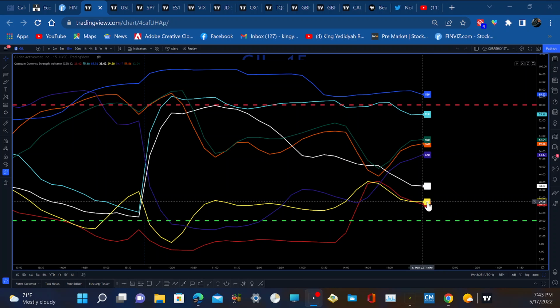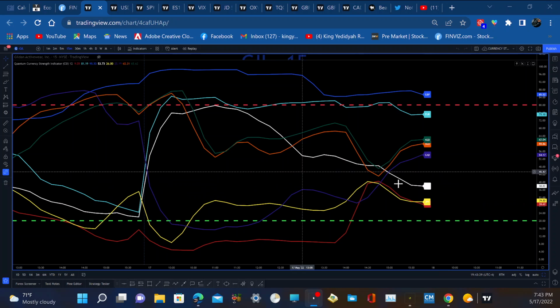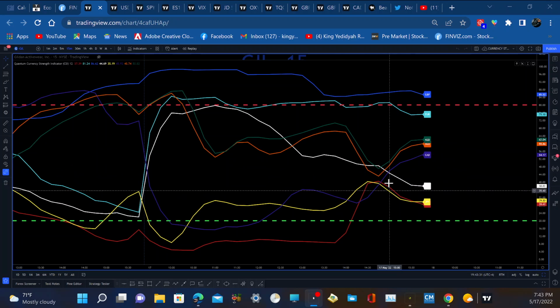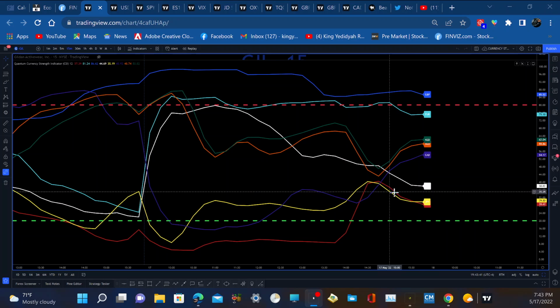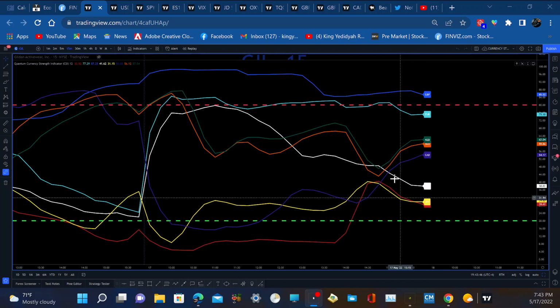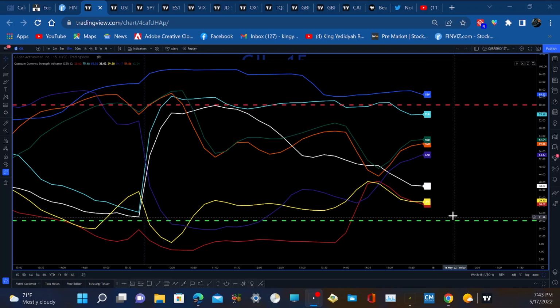The yen is in yellow, and the US dollar is in red. So it gives you a direction of where the currency is headed, right? And if it's headed towards an oversold level here, like these are pointing down, the Japanese yen, the US dollar, and the Swiss are all in a downward trajectory.